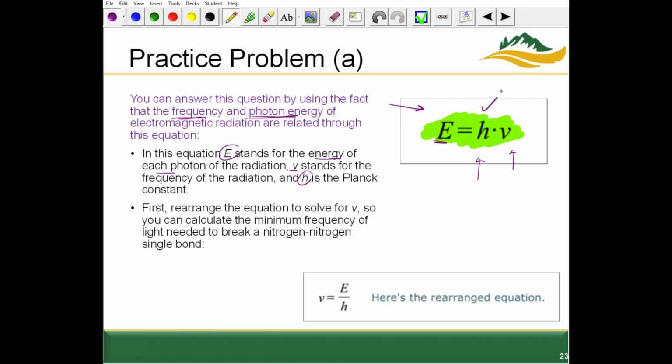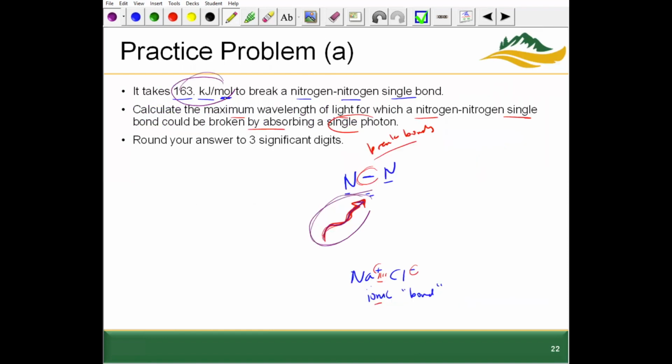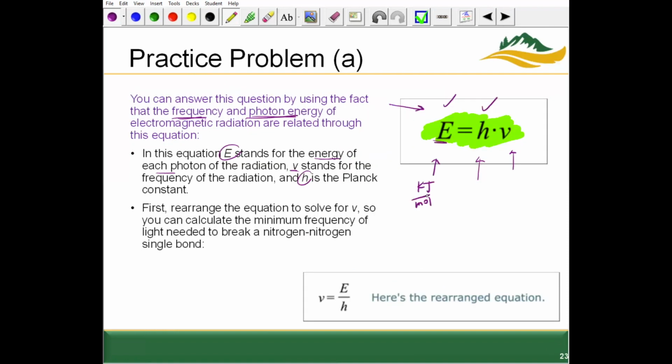Planck's constant we know, that's a constant, it doesn't change. We were given energy in kilojoules per mole. Ideally we would just have this in kilojoules, so we'll see how we can deal with this mole term in the denominator.